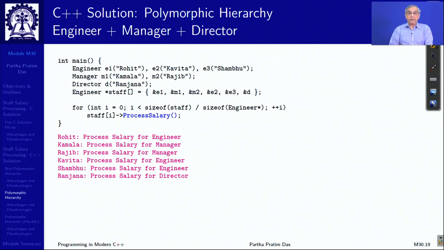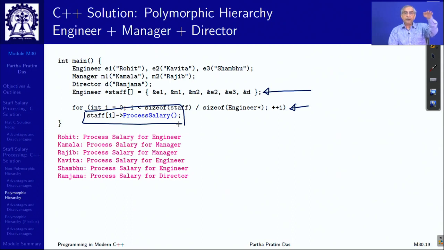Let us look at the main code. I still need the collection to be built, of course. The for loop does not change, but look at this. What has happened to that type switch? If t is equal to ER, do this. If t is equal to MGR, do this.